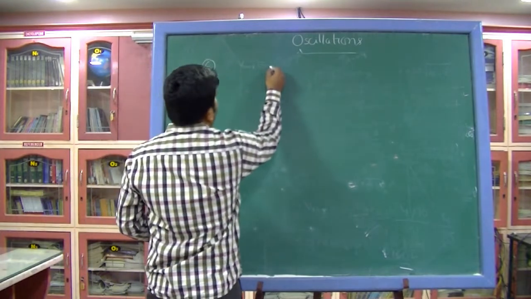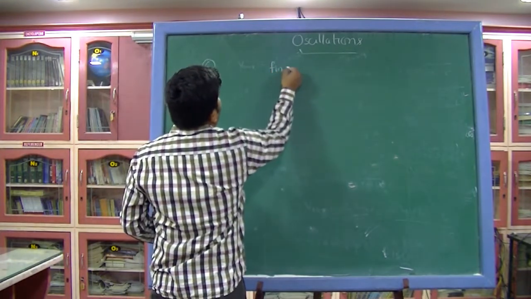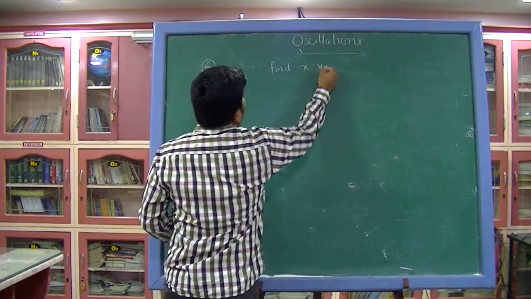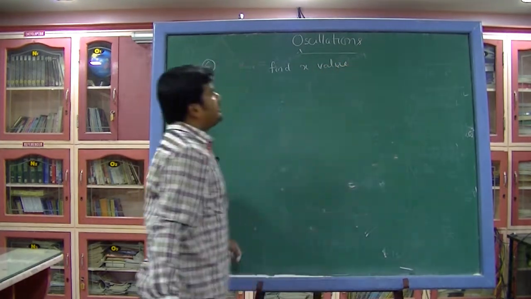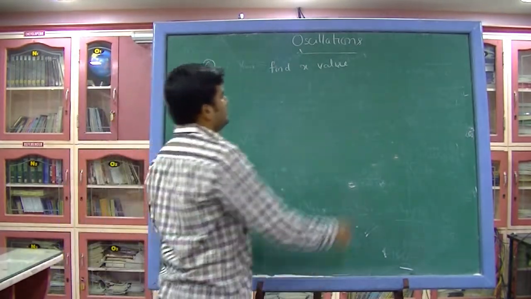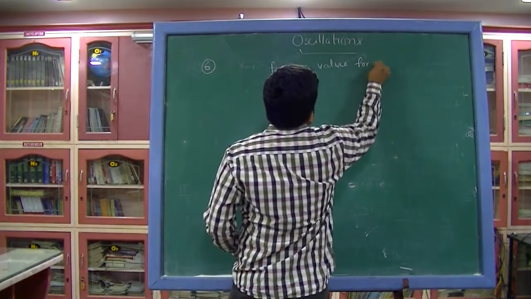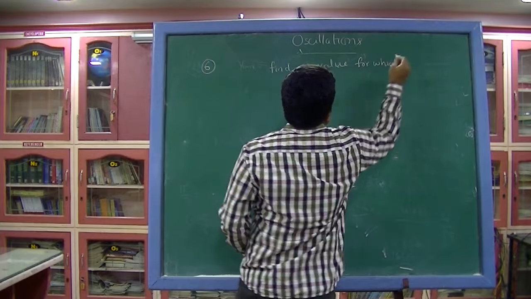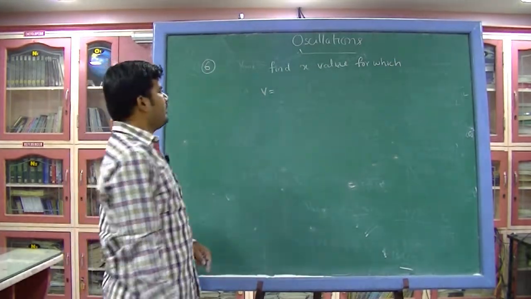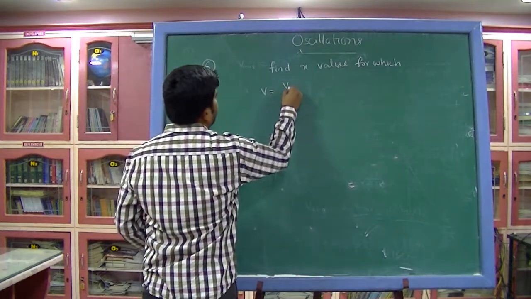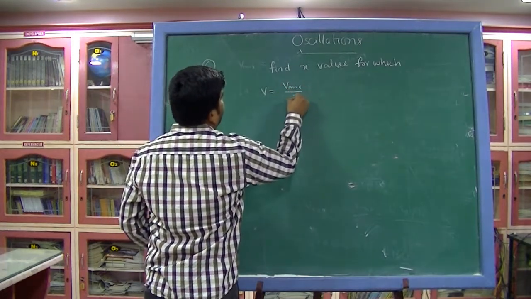Means you have to find the x value. I am taking horizontal oscillations. Find the x value for which the speed of the particle becomes half of its maximum speed, that means V maximum divided by 2.